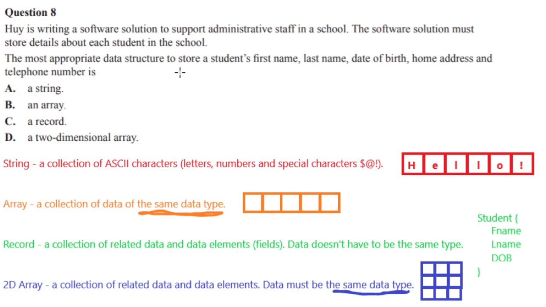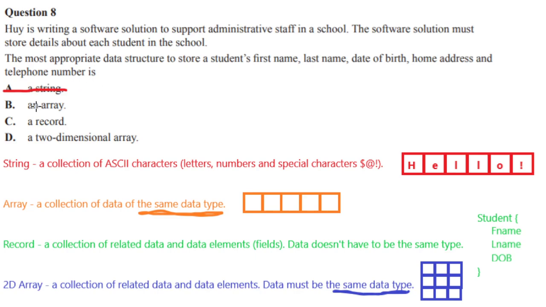It isn't a good data type to store data that's grouped together or could be sliced apart if you want a particular first name, last name, etc. So we're not going to go for a string.